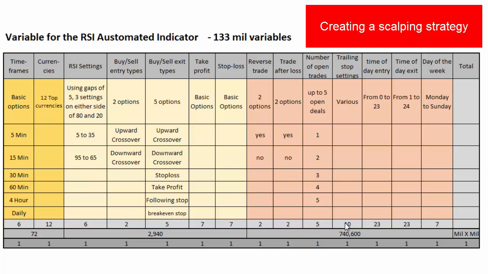Reverse trade and all of those, again, we won't get involved in those at all, except for the time of day. When you're scalping, you want to trade in the most volatile times of the day. And those are, in general, the open of the US market and the open of the UK market. So you choose those particular markets.